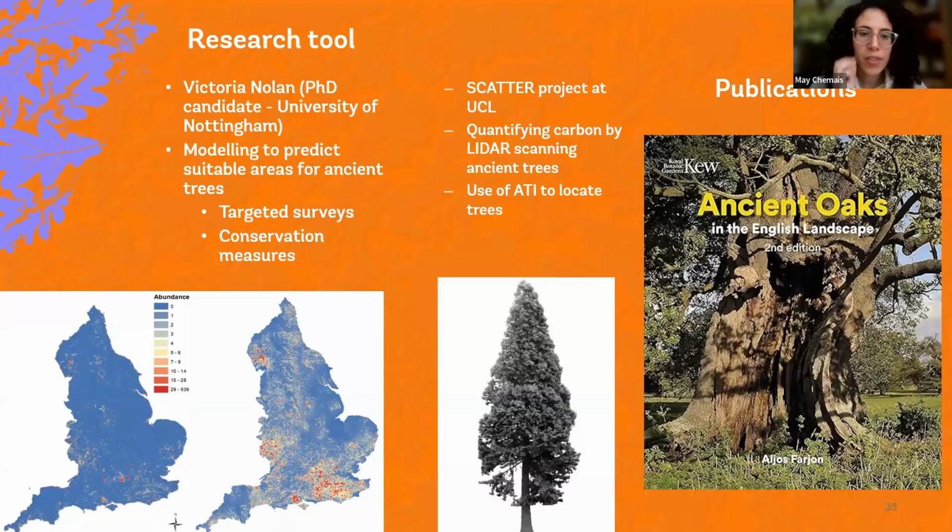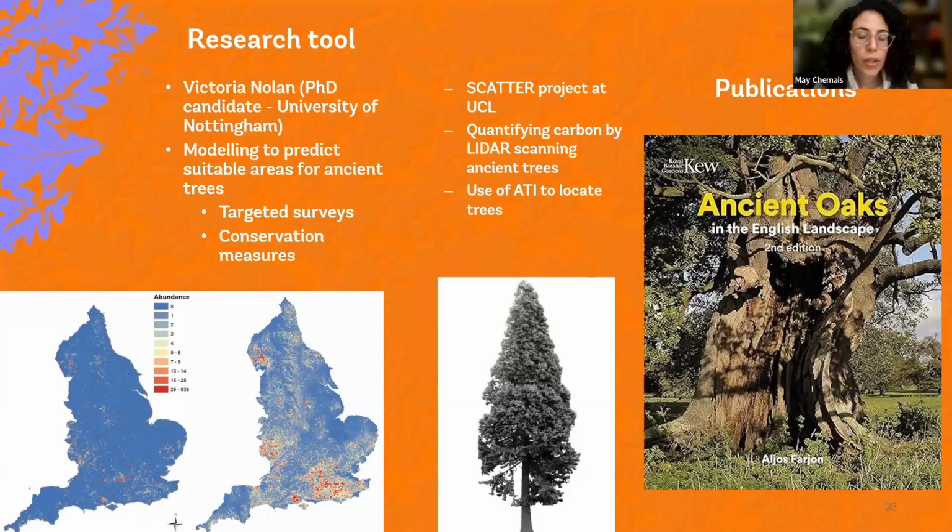Next to that, we also had the Scatter project, which I think finished last year, and it was done by postgraduate researchers at UCL. They were quantifying the carbon content of ancient trees using LiDAR scanning, so laser. They used the ATI to locate a group of ancient trees, and it helped to 3D model these trees as well.